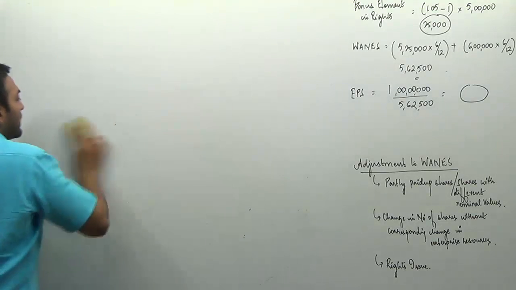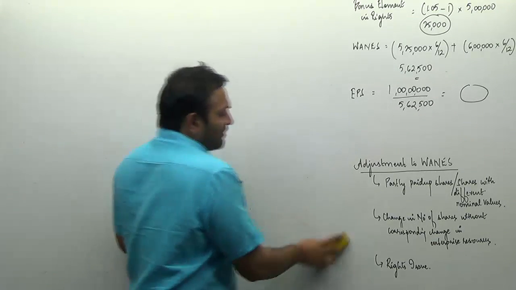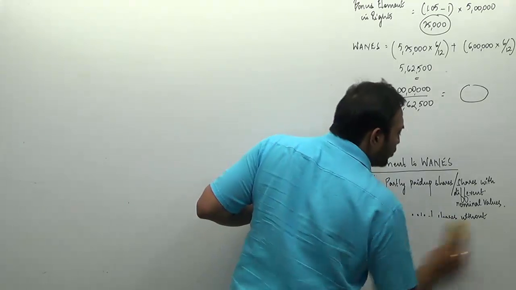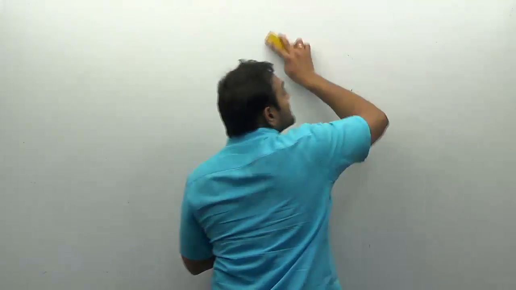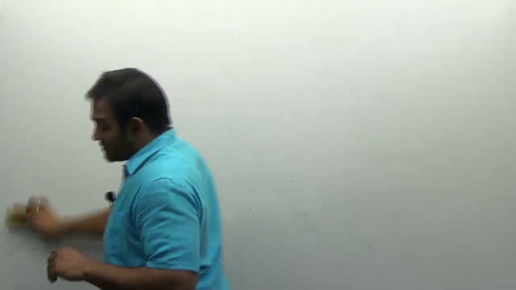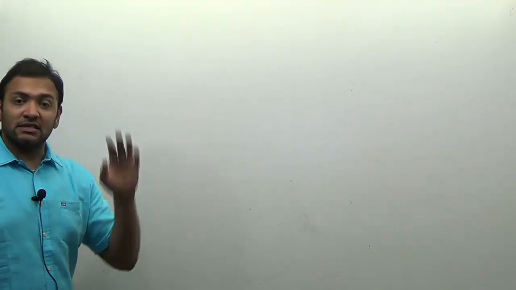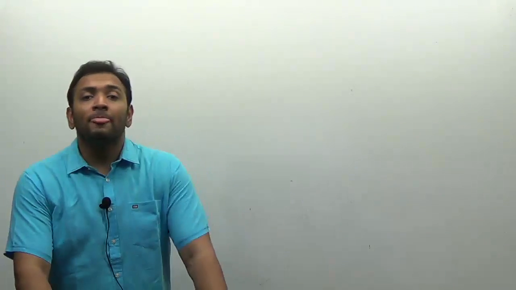What is this diluted EPS that we'll have to discuss? My diluted EPS is nothing but the worst case EPS. This is not as per the standard; for our understanding, I'm saying that diluted EPS is the worst case EPS which can be reported.